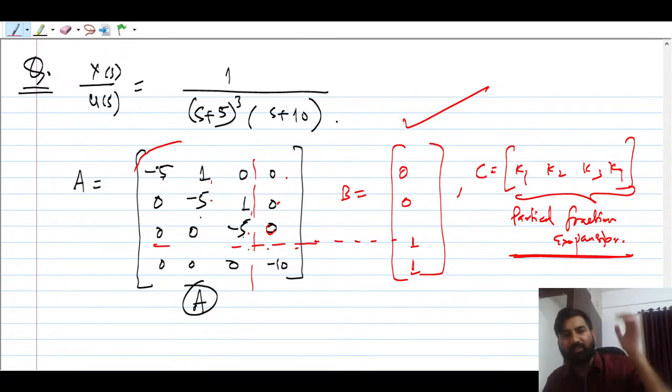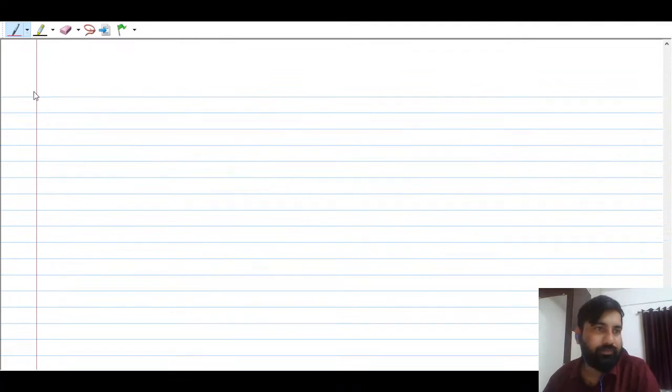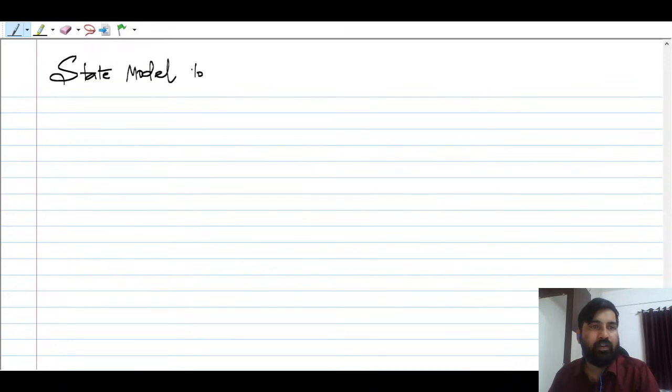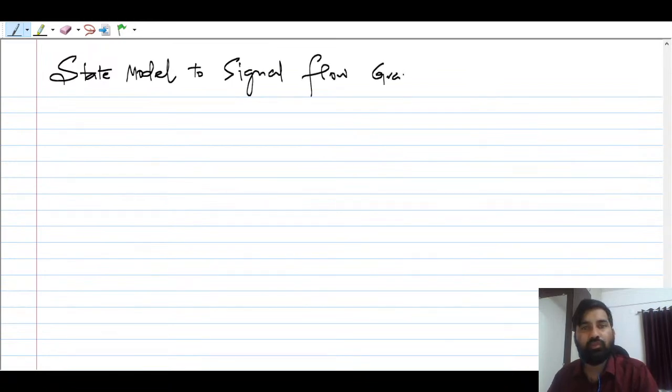So all models I have covered. And now I'll talk about state model to signal flow graph.